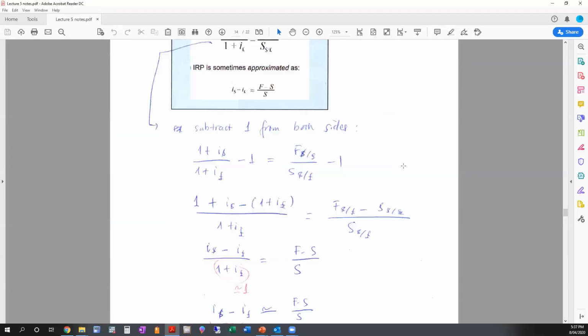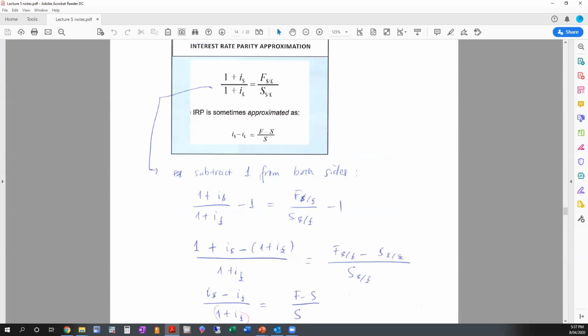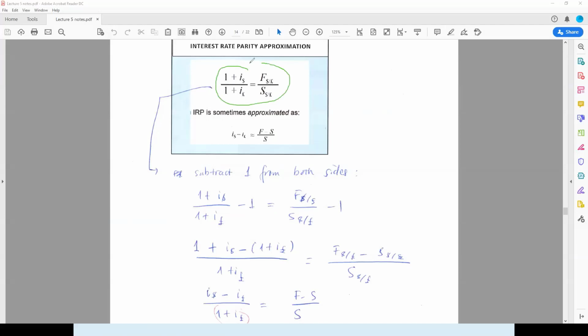So from this equation on the top, I'm going to subtract 1 from both sides to get this equation here. Once I subtract 1 from both sides, I'm going to take the common denominator here, so that on the left-hand side, it will become this.